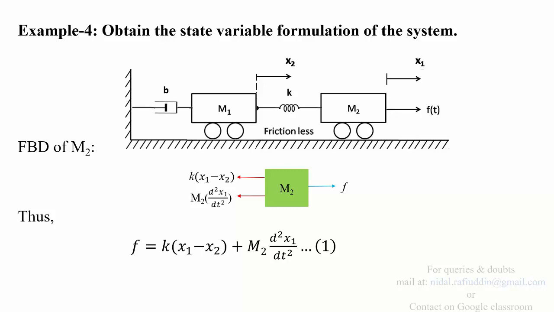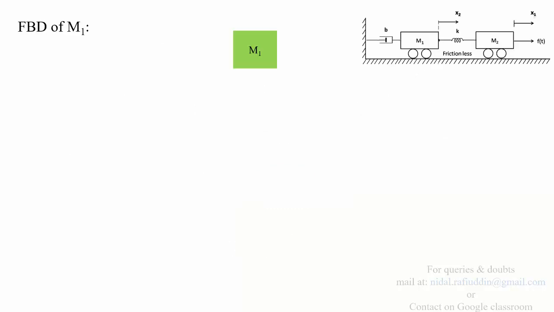Now let's draw the FBD of mass M1. For mass M1 you have forces which act on this mass and try to move it because of the spring attached to it. Mass M2 moved because of the force F, which was the exerting force, and the force because of the spring is resisting for mass M2, but the same force because of the spring will be acting on mass M1, and that too on the right side.